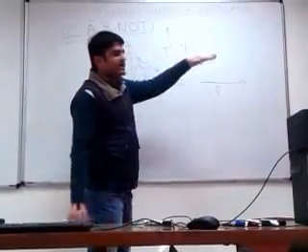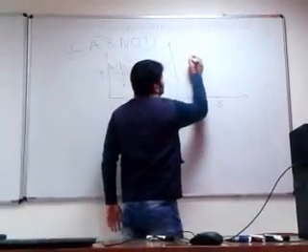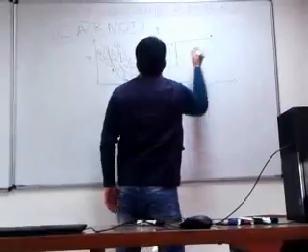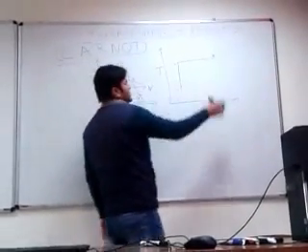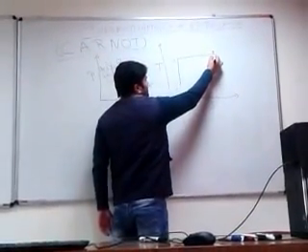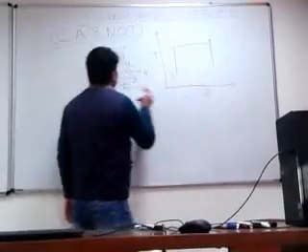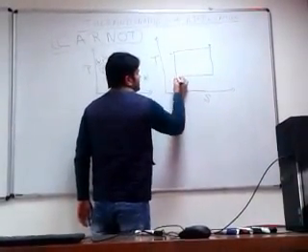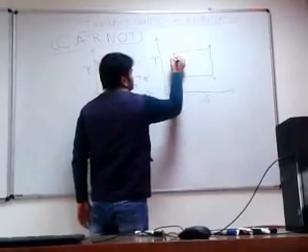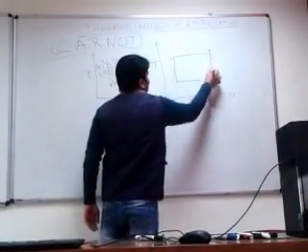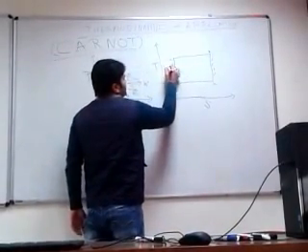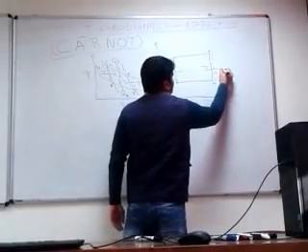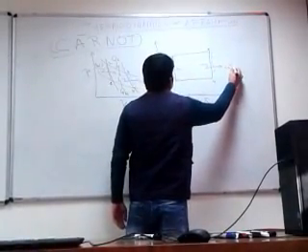From 2 to 3 is a constant temperature process, so there will be a horizontal line from 2 to 3. From 3 to 4 there is work done with a decrease in temperature, and from 4 to 1 there is constant temperature heat rejection. These are the adiabatic processes. Work is done on the system, work is given by the system.